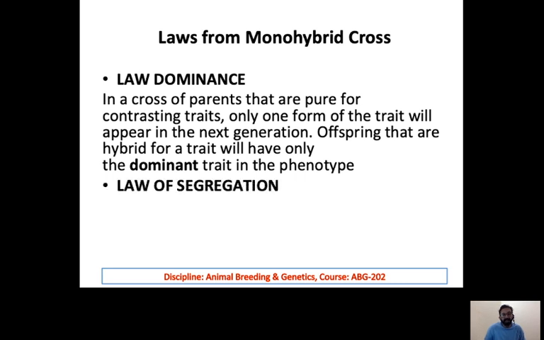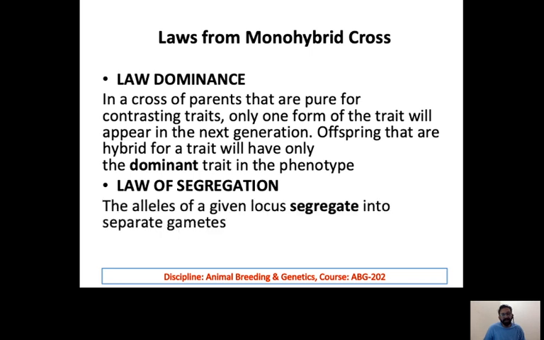Now, the law of segregation. That means the alleles of a given locus segregate into separate gametes. So in the monohybrid cross, we see there are two allelic forms, and both of these alleles will separate during the cell division process, during meiosis, and these loci will separate independently because they are located on two different chromatids.